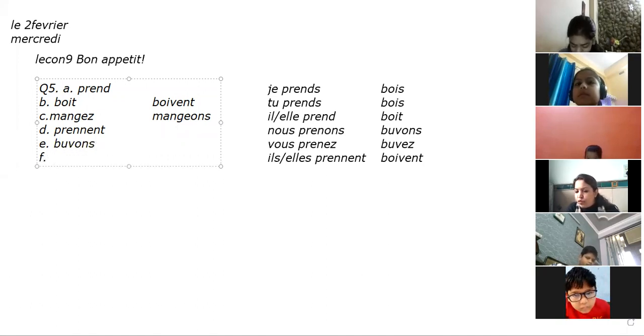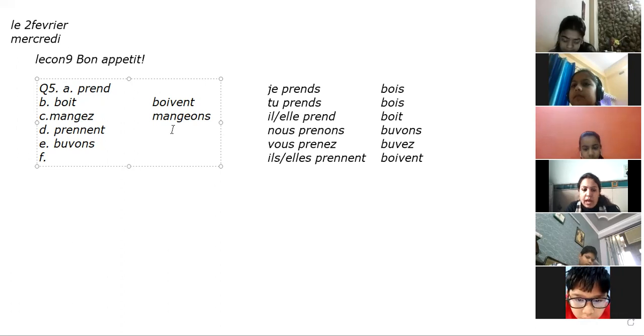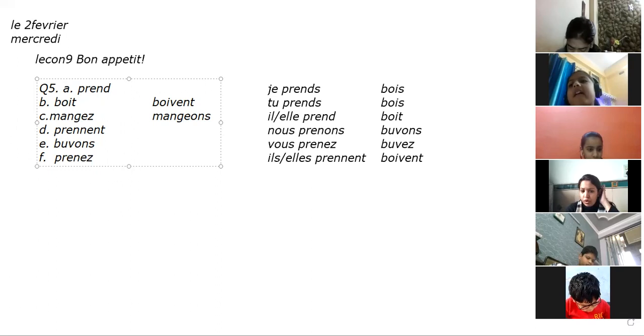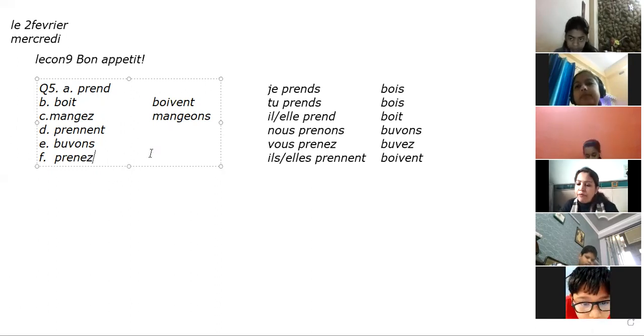Next is vous dash votre repas à l'heure. You dash your meal at time. Ma'am, prenez. Pranay. P-R-E-N-E-Z. Okay. So just learn the verbs, like the subjects, and see what you have to conjugate, whether with il, elle, nous, vous, je, tu, whatever the subject is. Accordingly, just fill the verb.